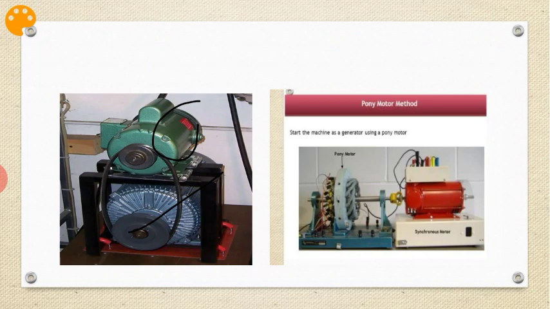In one sentence, for the synchronous motor you have to somehow bring the rotor near the synchronous speed. So you use another motor coupled to this synchronous motor, bring it near the synchronous speed, and after that you apply the DC supply to the excitation coil.